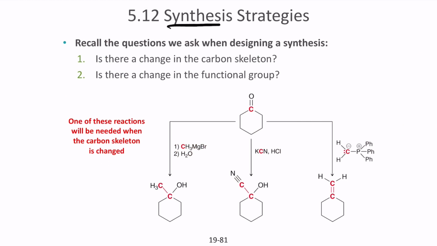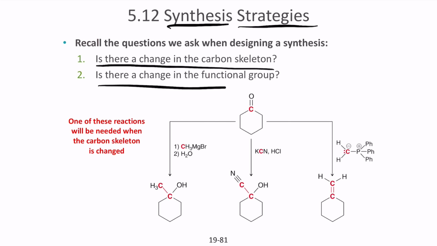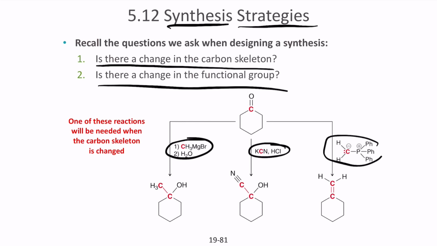Let's finally talk about synthesis strategies. Recall the questions that we discussed during synthesis. There are two questions that you have to ask: is there a change in the carbon skeleton, and is there a change in the functional group? One of the common reactions that is useful is the Grignard reaction, and the others are cyanohydrin formation and the Wittig reaction.